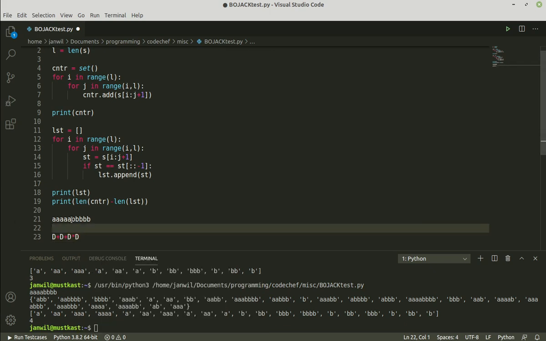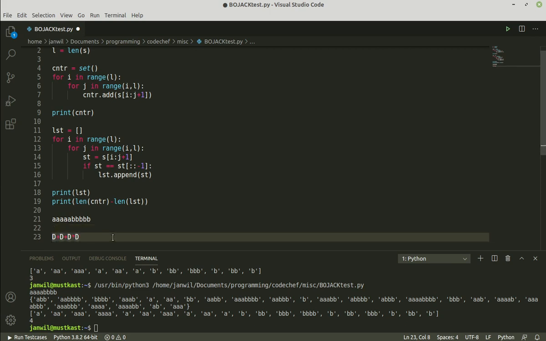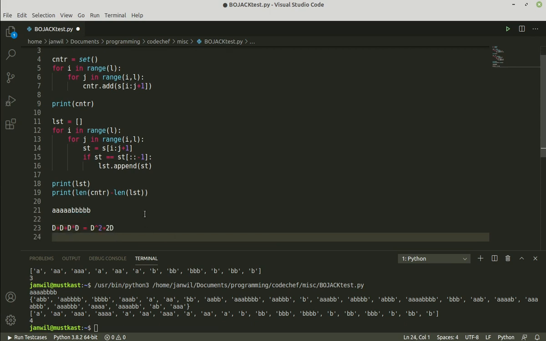Namely, you can have first any of 1, 2, 3 up to D A's, and then 1, 2, 3 up to D B's. So altogether there are D squared plus 2D distinct substrings.